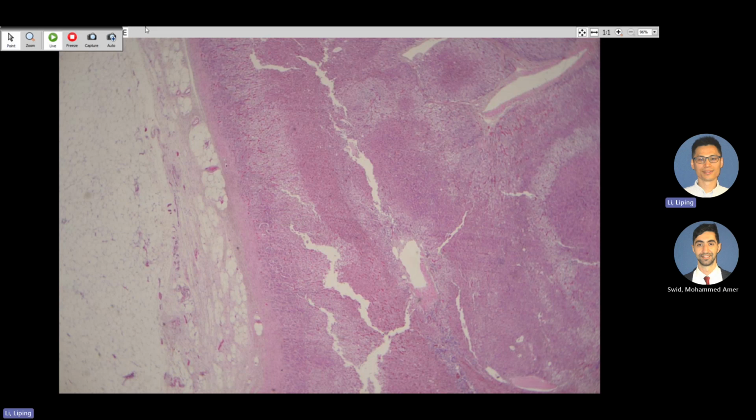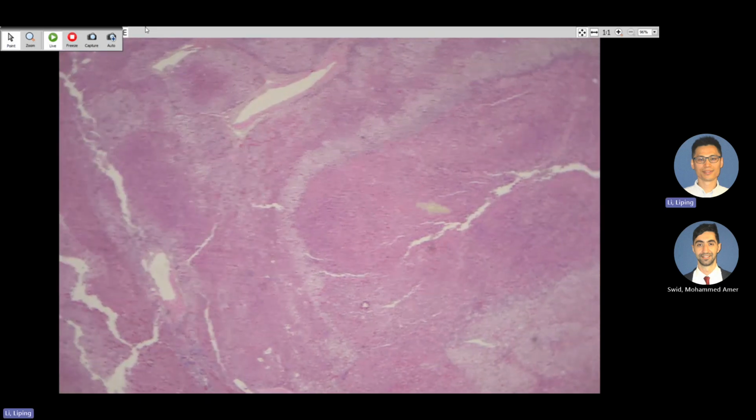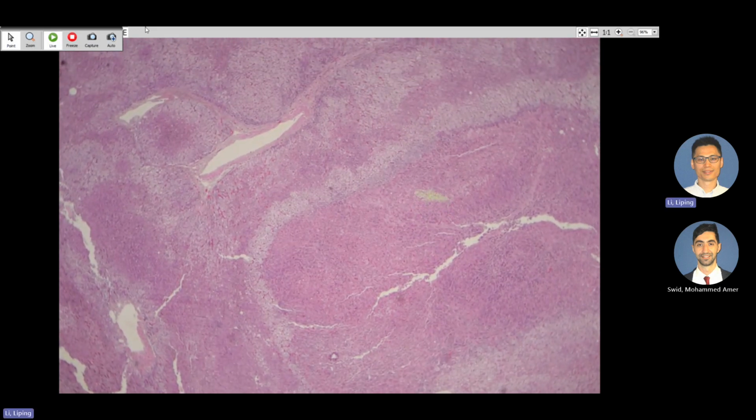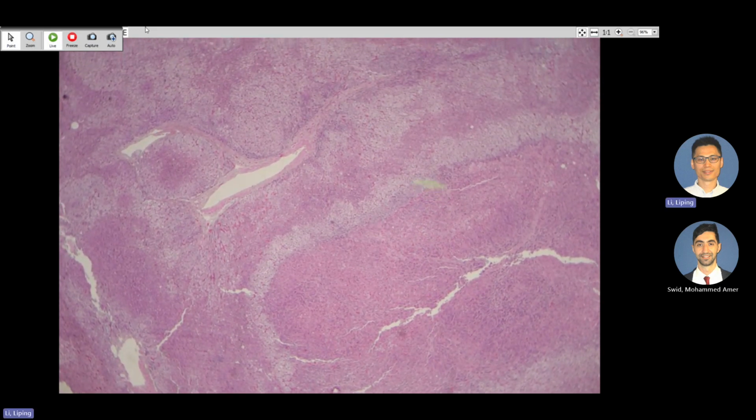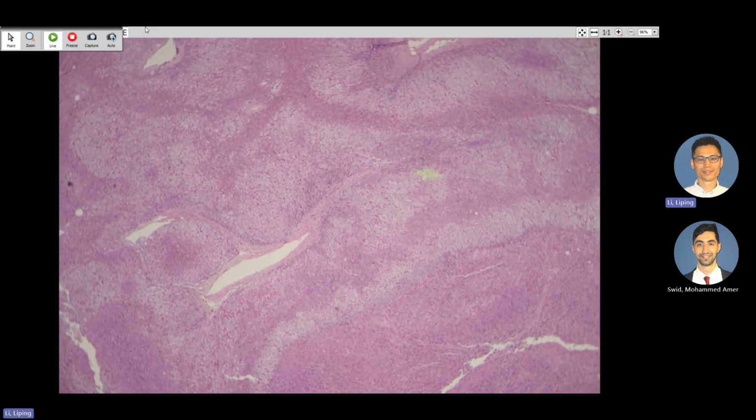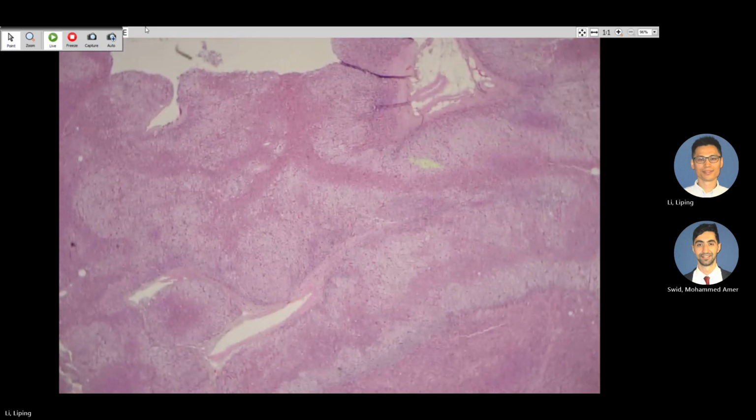So this may be normal adrenal gland, but inside here is the bluish cell, maybe some medulla here. But other than that, we get this hyperplasia, somewhat like maybe normal adrenal gland, but you can think that it is kind of bigger. And let's go to higher power.